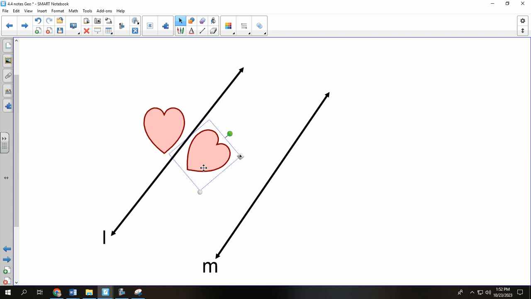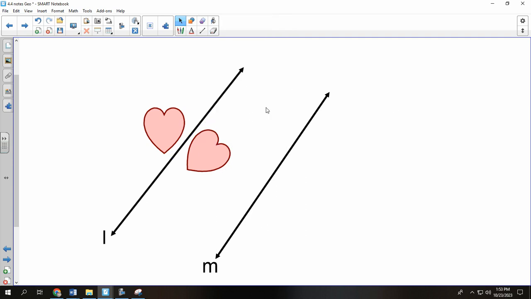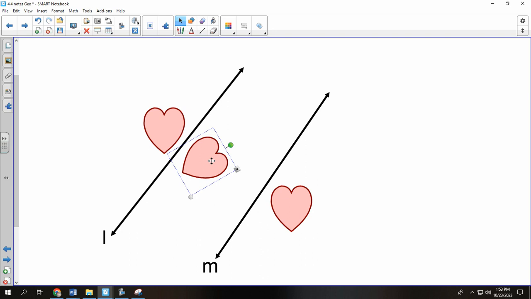Across line L. And then we reflect it again across, and then you look and go, okay, how far, if we're reflecting it, it's going to end up 2 line lengths away.